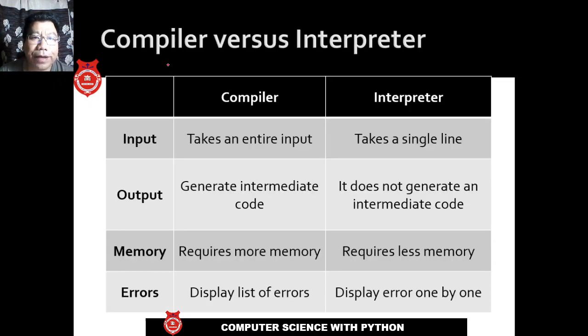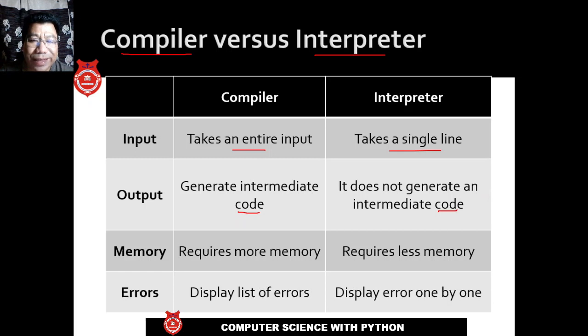So let us compare the difference between compiler and interpreter. The compiler takes the entire input, but the interpreter takes a single line of input. The compiler generates intermediate code, but the interpreter does not generate intermediate code.